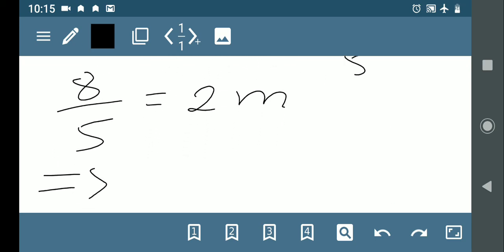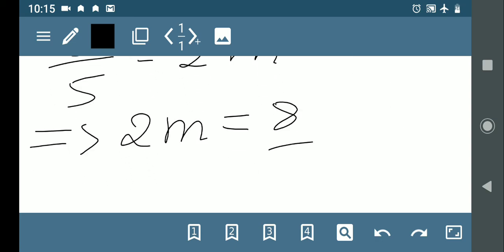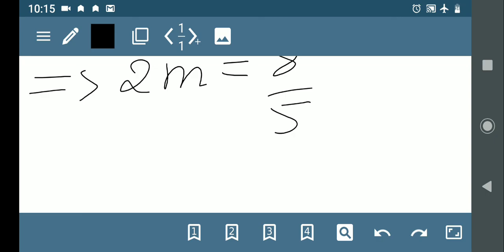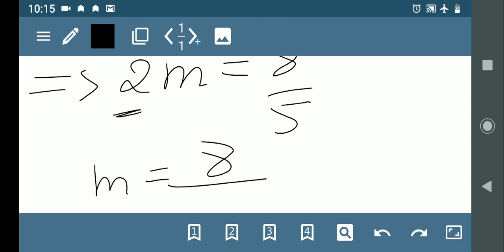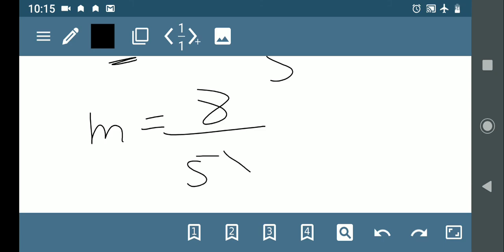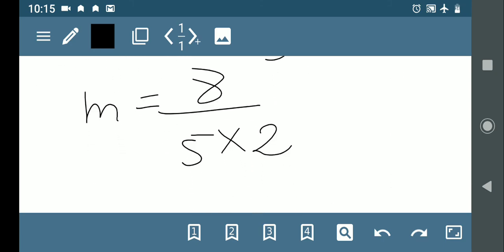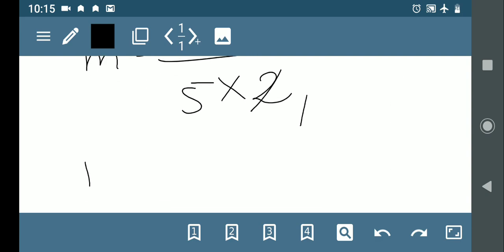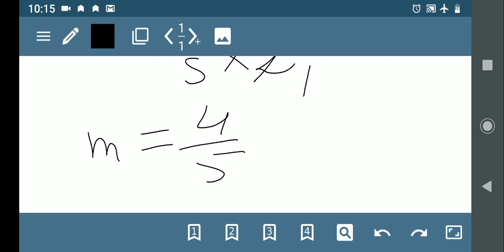That implies 2m is equal to 8 divided by 5. Now m is equal to, send this 2 to the RHS, it goes to the denominator, 5 into 2. Okay, 2 fours are 8. m is equal to 4 by 5.